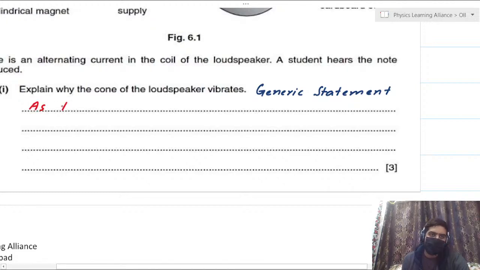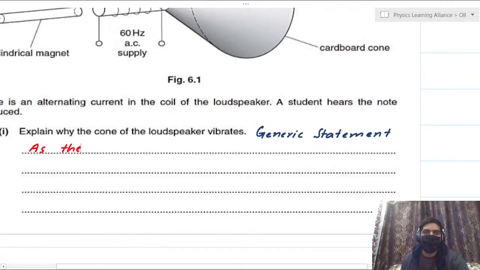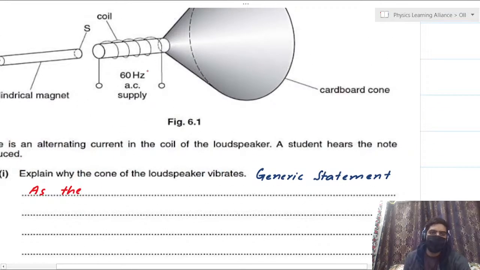So as the current, in that case, we have the AC current. And you should be aware of the fact that AC current changes direction every half cycle. So first half cycle, the left one would be the positive terminal. Next half cycle, the left one would be the negative terminal, and the right one would be the positive terminal.